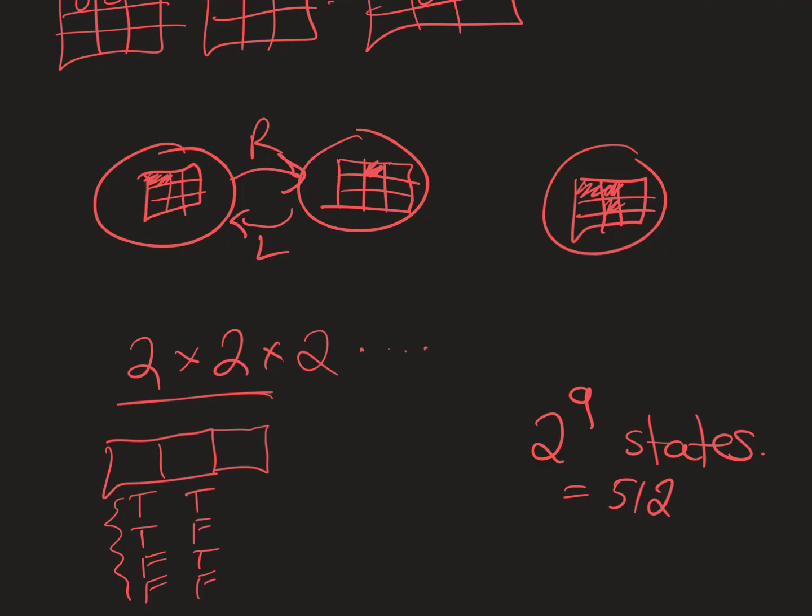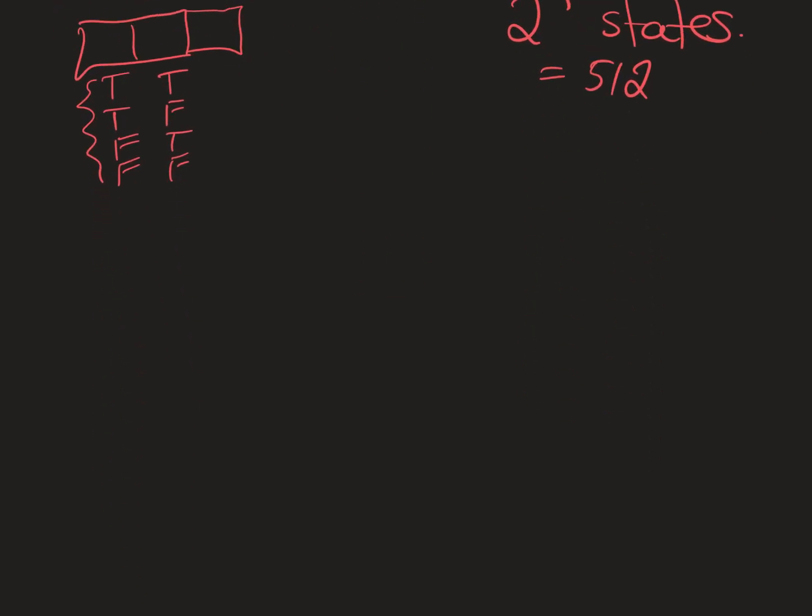And sometimes you may end up with a situation where you do in fact have 2 to the 9th states. But in this particular case, we can simplify it a bit. So let me see if I can help you think about how one might simplify this.